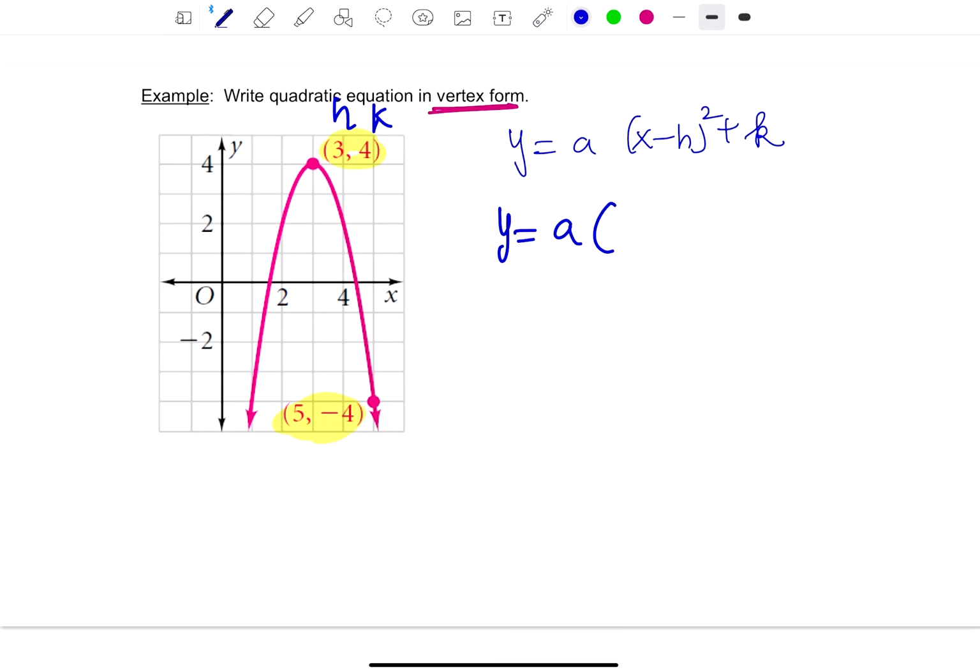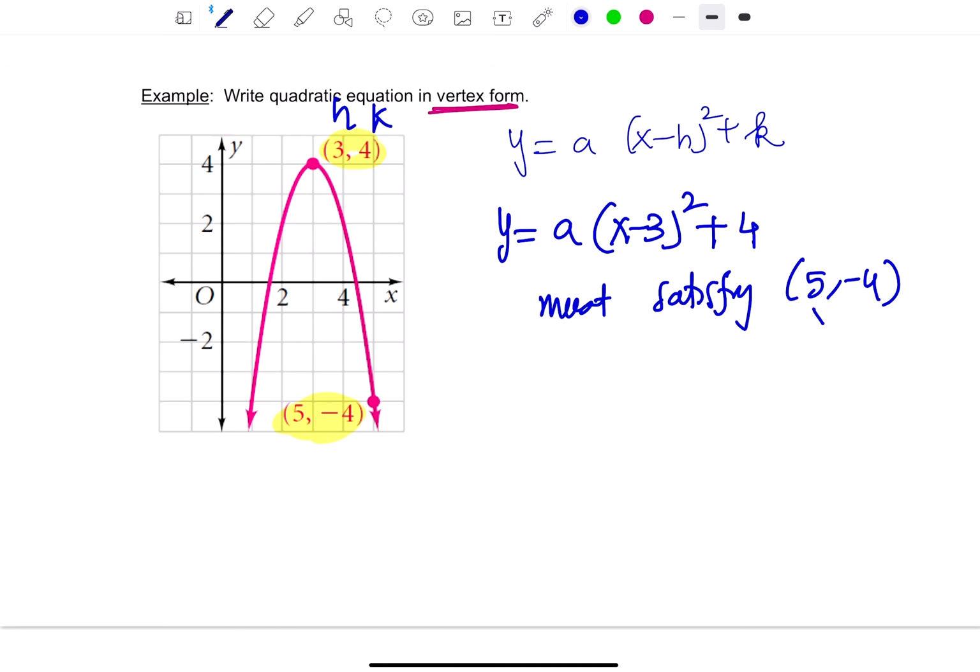So let's replace h by 3, x minus 3 squared, plus k, which is 4. Now this equation must satisfy the point on the graph, which is 5, negative 4. So we're going to replace x by 5 and y by negative 4 to find a.